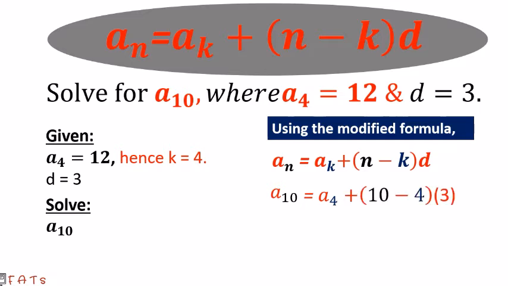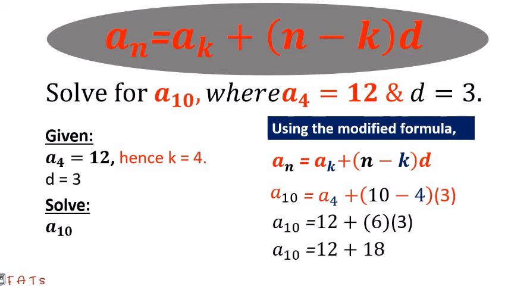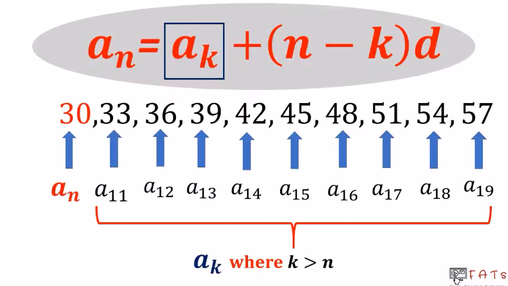Then we have 10 minus 4 times 3 as the number of d's, or the common difference, that we need to add to a sub 4 to get a sub 10. Continuing with the calculation, we will get a sub 10 equals 30. Our modified formula can also be used when a sub k is found after a sub n in a sequence.